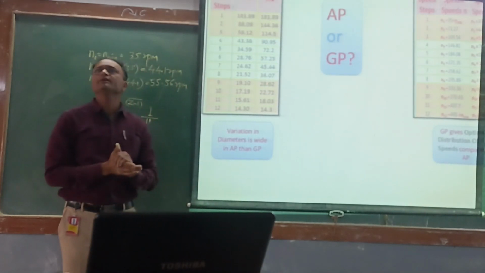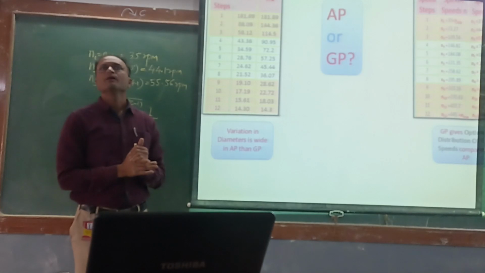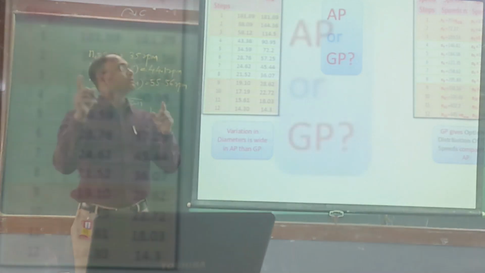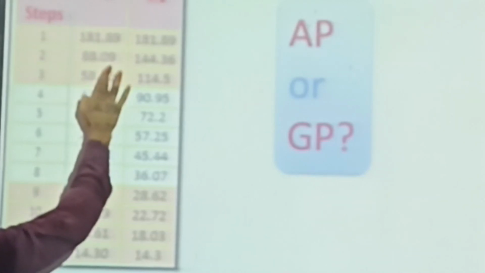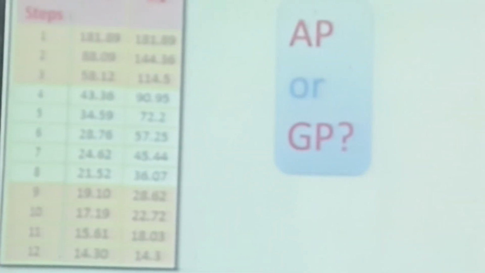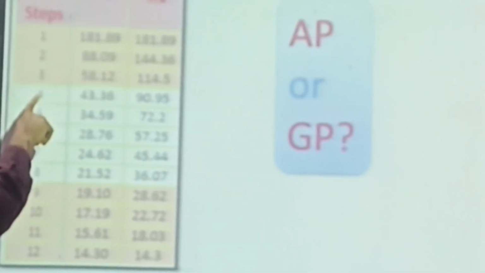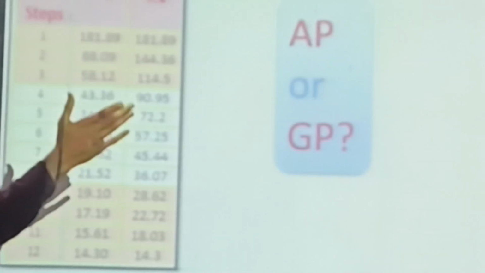What difference do you see? In arithmetic progression after 181, the next value which can be machined is directly 88. But in geometric progression, after 181 you can get some value in between, that is 144.